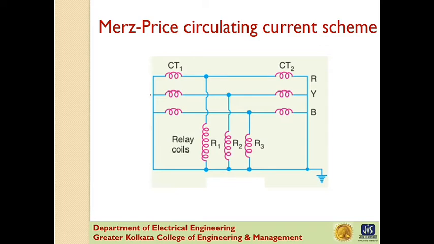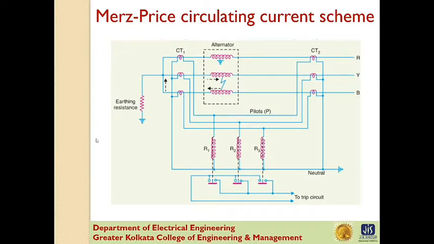Suppose an earth fault occurs on phase R. An earth fault occurs on phase R due to breakdown of its insulation to earth, as you can see in this picture.